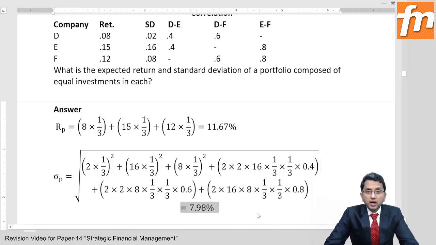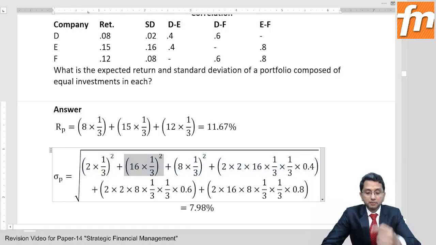You can do it in a single shot on your calculator. I'll quickly tell you how. 2 divided by 3 into M plus, 16 by 3 into M plus, into means multiply, 8 by 3 into M plus. Then 2 into 2 into 16 divided by 3 into 4, M plus.